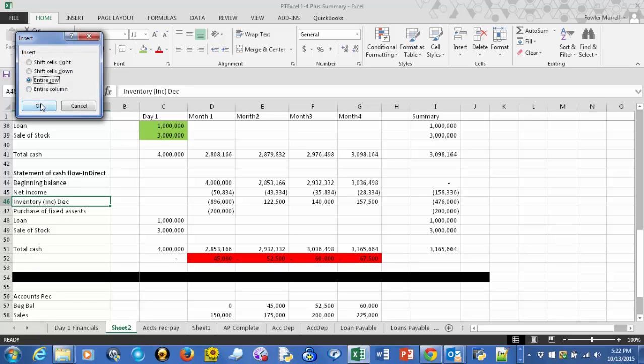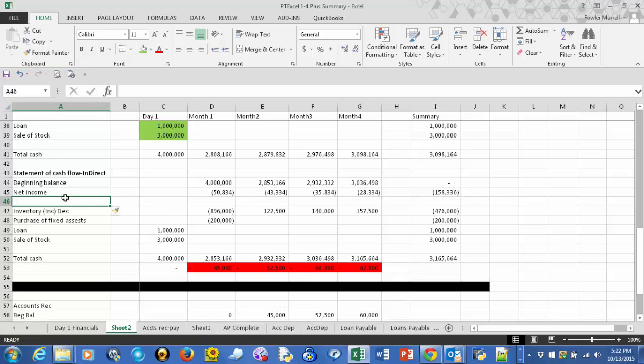Insert entire row, and this is going to be receivables. Since they're assets, it's going to be the same way as inventory. An increase is going to be a use of cash, a decrease is going to be a source.